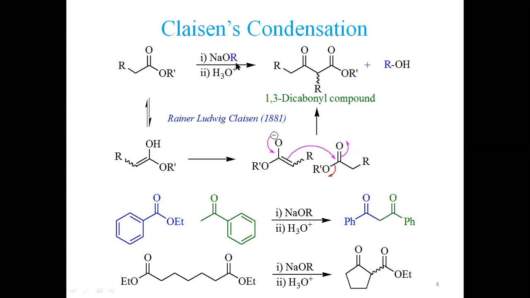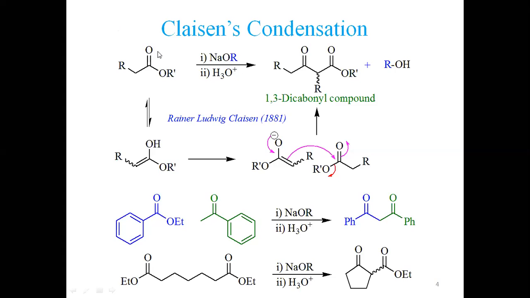You see, in all of these electrophilic substitution reactions, mostly we are starting with alkoxide ions. This alkoxide ion is used as a base. This base picks up the proton from the enol form. You shall see the mechanism. It generates an enolate, a negative charge here.